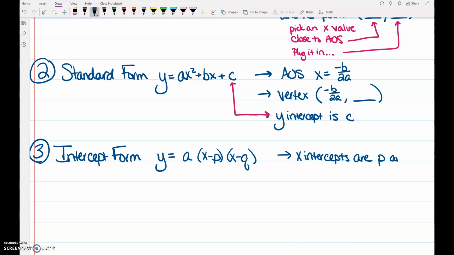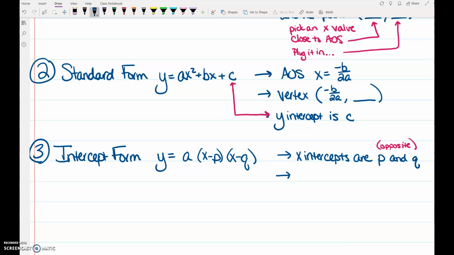Your x-intercepts are p and q. And I'm going to put a note in here about opposite. So if it says x minus 2, your intercept would be at positive 2. If it says x plus 5, your intercept would be at negative 5. So whatever you see in the parentheses, take the opposite of that, and that is your x-intercept.